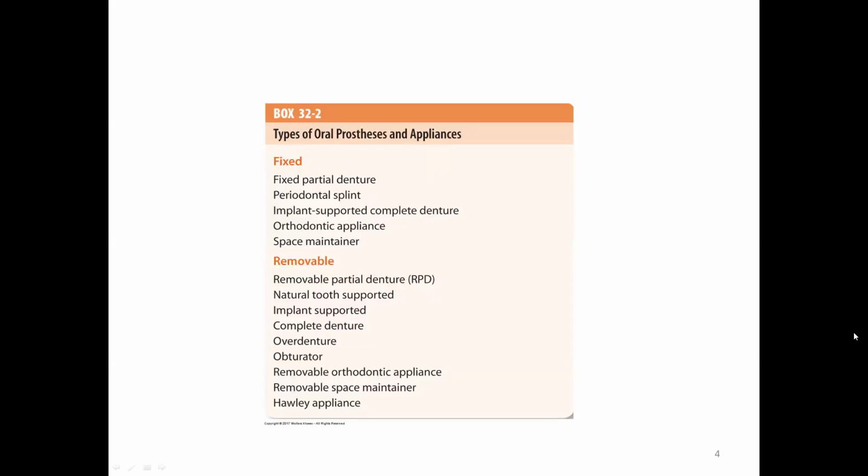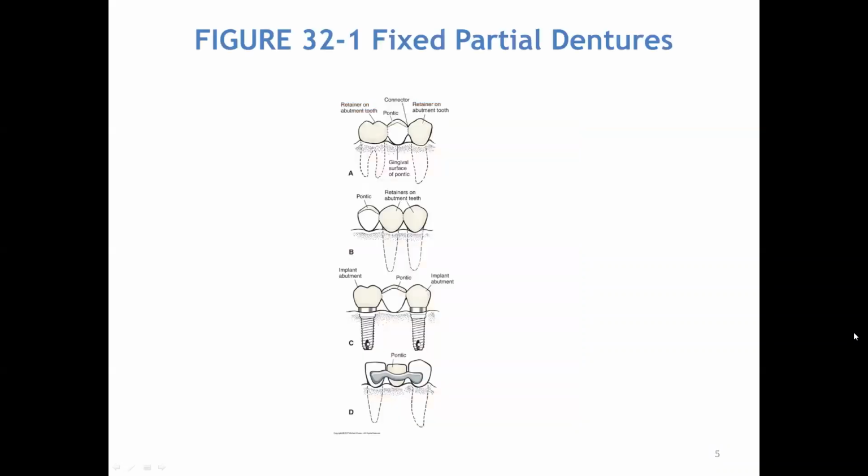So if you are familiar with the different options that the patient has, these are just the names of some of them. So we're talking right now about the partial denture, the fixed partial denture. And this is a picture of it. This is a partial denture. I've never called it a fixed partial denture. It's always been a bridge.